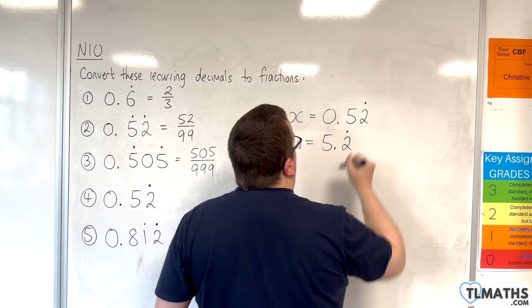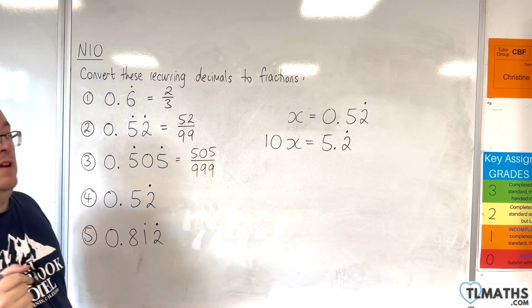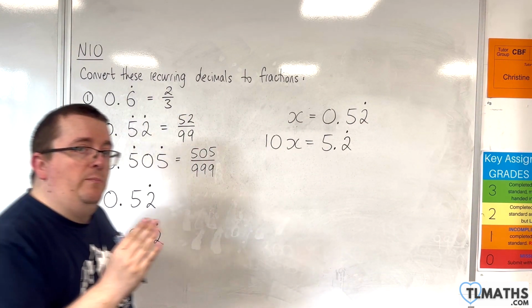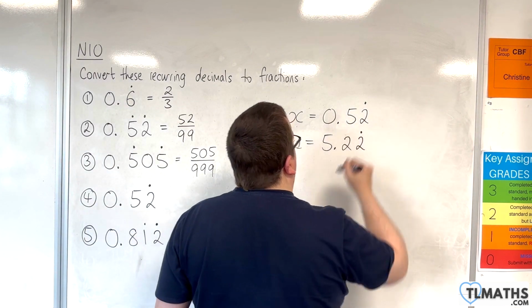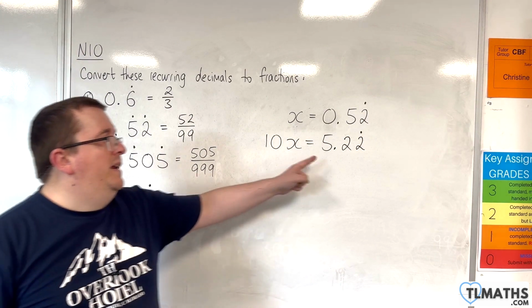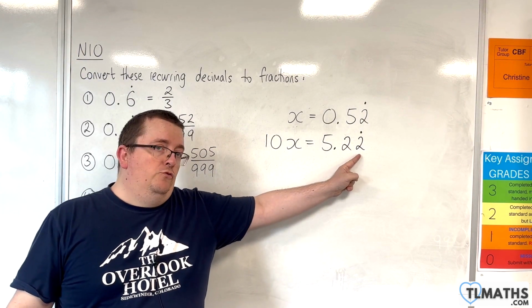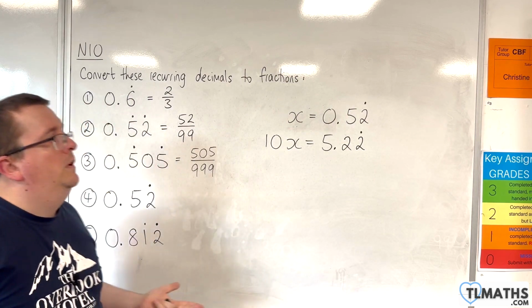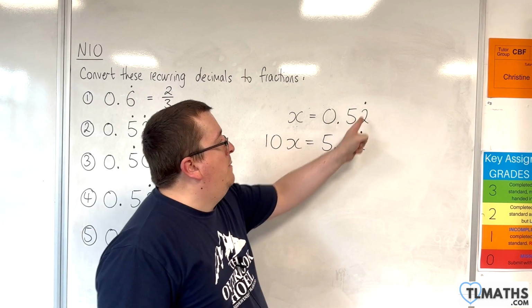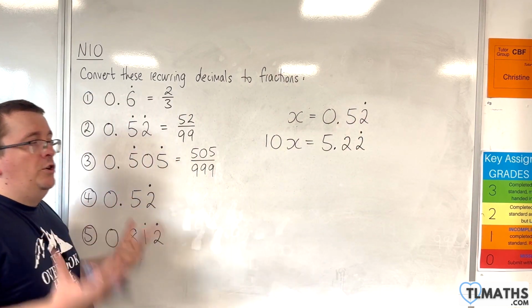So you might be thinking, well, I could write it as 5.2 recurring, and then the 2 recurring part isn't matching up. But you could write it like this. I mean, that would be an unconventional way of writing the recurring, but that means the same thing, and now you've got the recurring parts matching up, and you could do it that way.